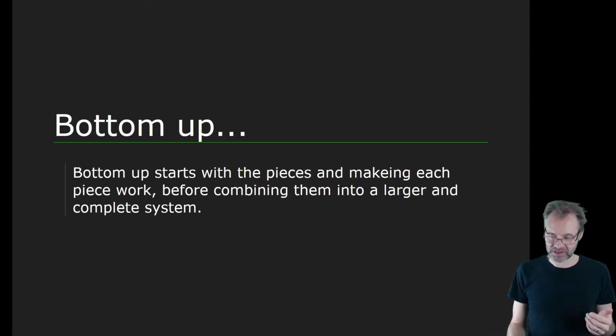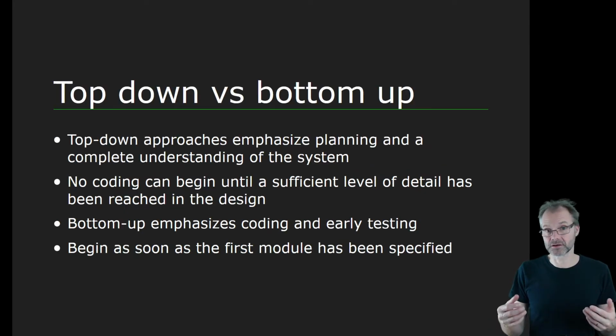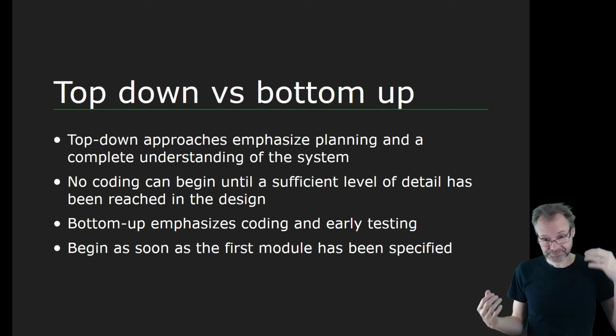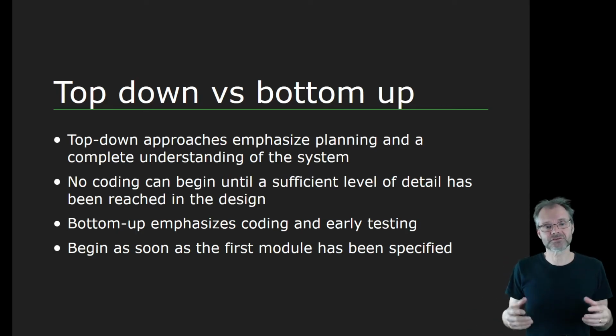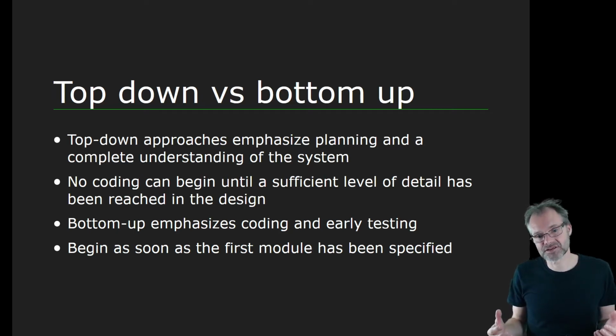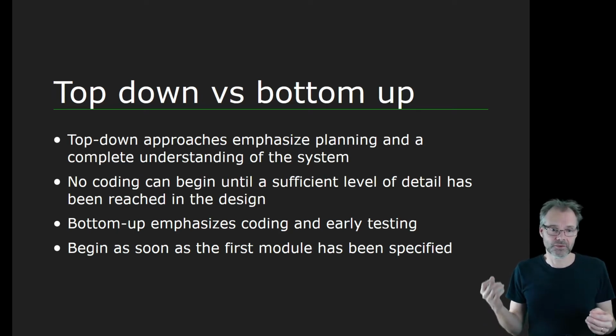So two different ways of approaching on a system level how we are going to build this system. So we have top down versus bottom up. Top down emphasizes the planning and the complete understanding of the system before moving ahead. We could basically say, well, we can't do coding until we have a sufficient level of detail in our design.